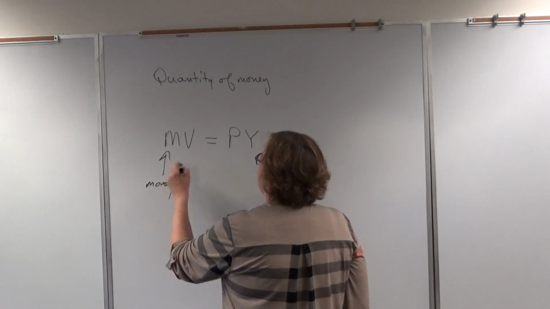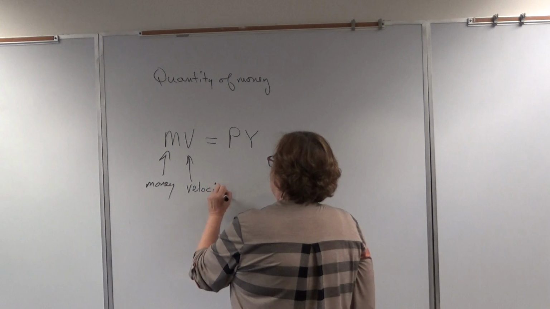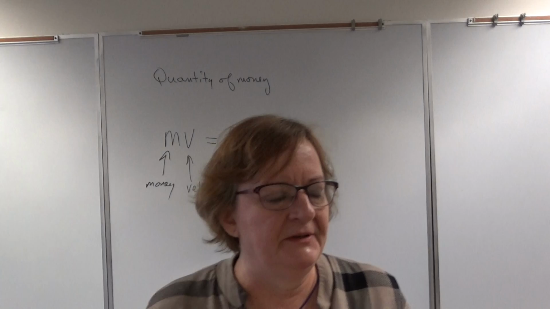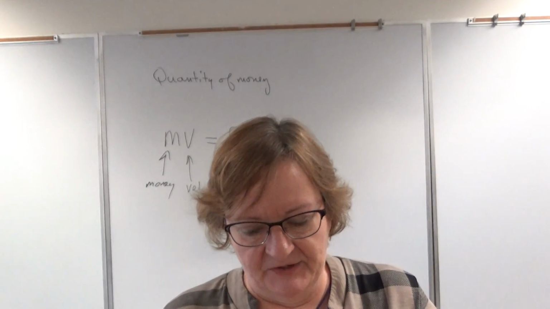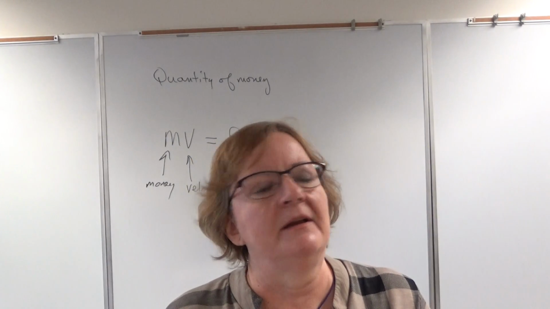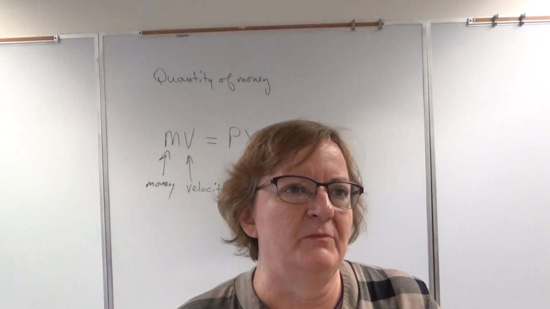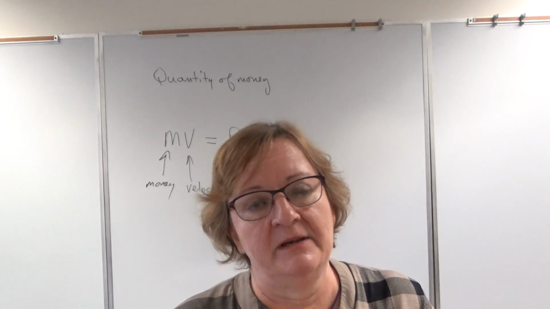This is something called velocity, which is basically how many times the money is spent. We haven't decided yet whether velocity changes, although the majority of economists at this point say velocity changes with the economy.